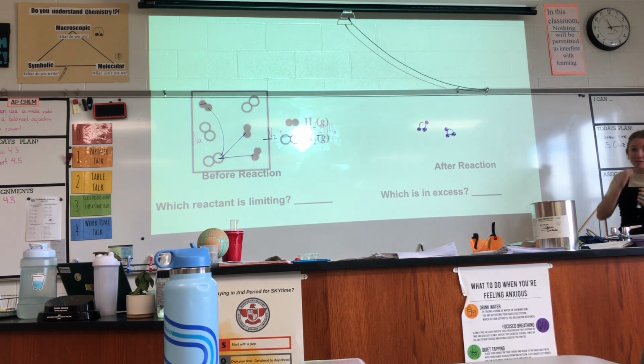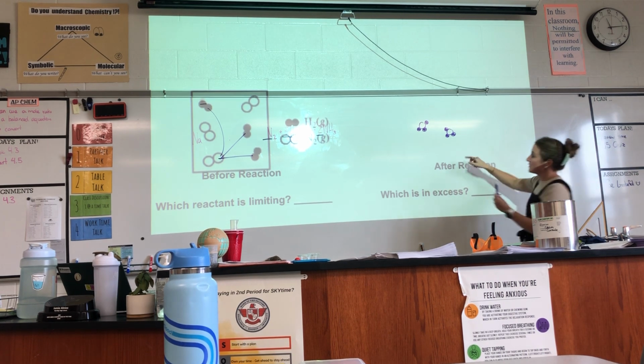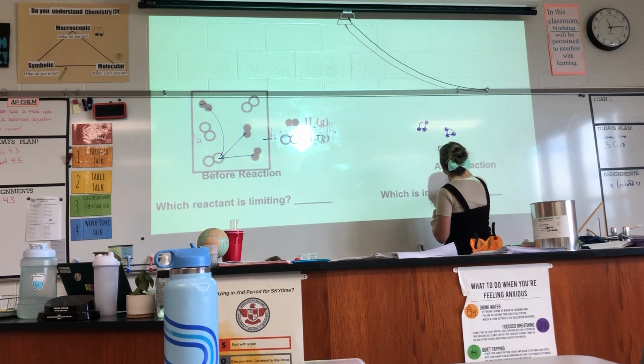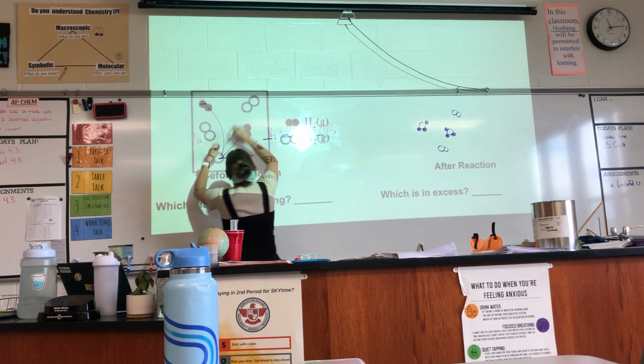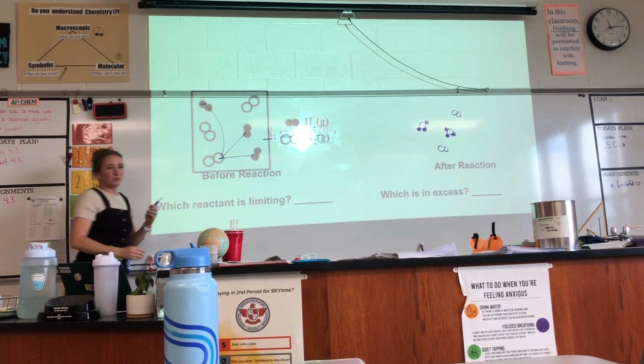Now, there are things in that starting box that didn't react. So we need to show them in the after, because things can't just get destroyed or disappear. So over here, we should also have those 2 random molecules of nitrogen that had nothing to react with.